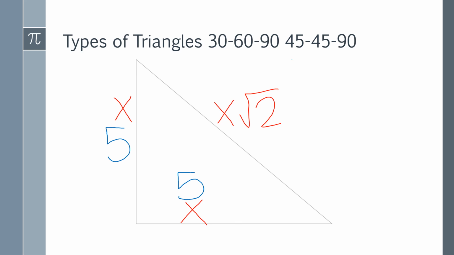So you could write this as 5 squared plus 5 squared equals your radius, being hypotenuse, squared.